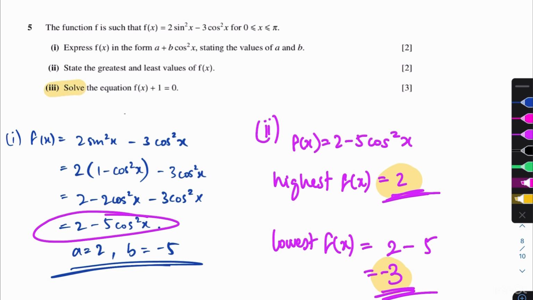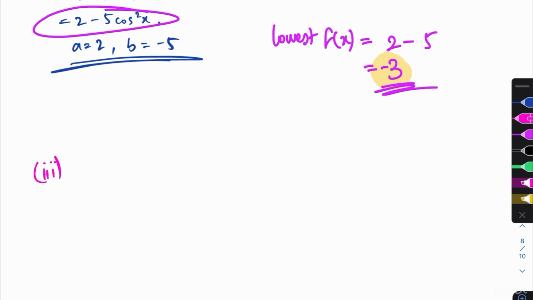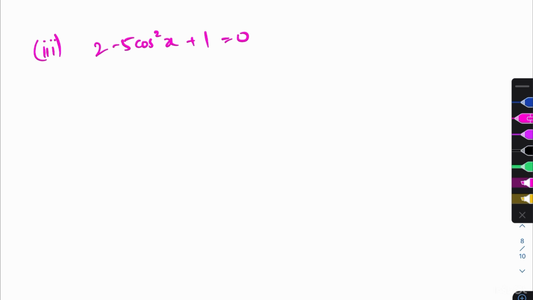And now finally for part 3, we need to solve the equation f(x) plus 1 equals 0. So f(x) plus 1 equals 0, we know what f(x) is. It's 2 minus 5 cos squared x, plus 1 equals 0. And we need to solve this for x. So we just need to simplify it and figure it out. Minus 5 cos squared x plus 3 equals 0.